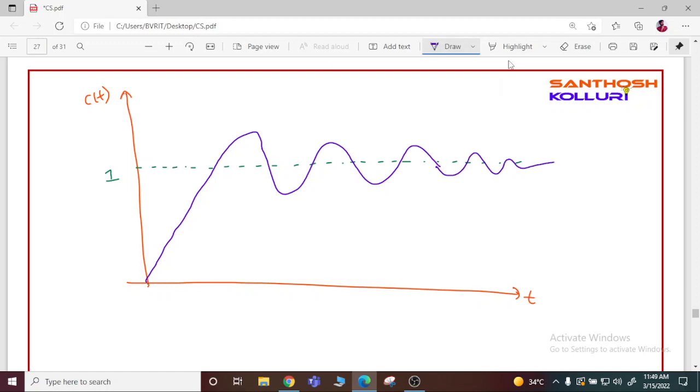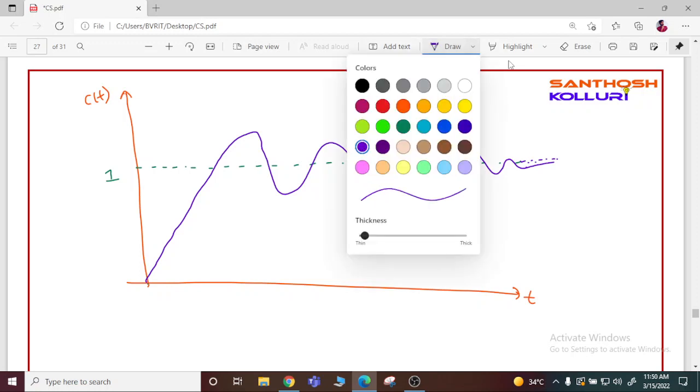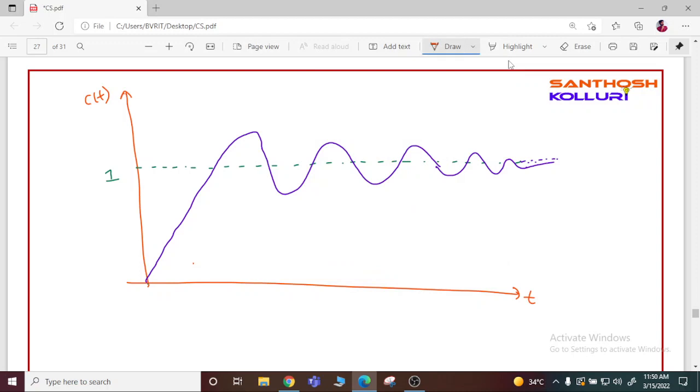This is the settling time and this is the transient waveform, and it is observed that the response oscillates before settling to the final value. These are the oscillations before settling to the final value, and these oscillations depend upon the value of the damping ratio.